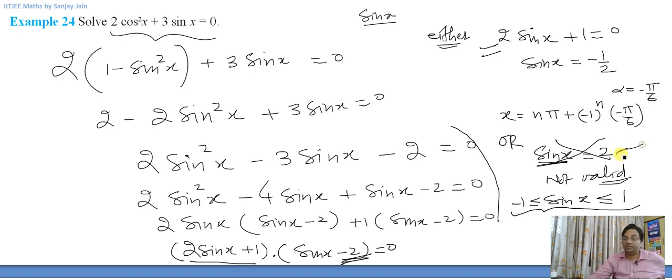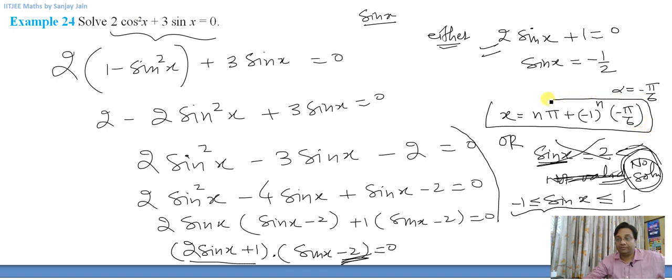So sine x equal to 2 is not valid, right? It cannot achieve a value more than 1. So there is no such x, or you can say no solution, rather than saying not valid, you can say no solution, right? So this is the only solution that I have.